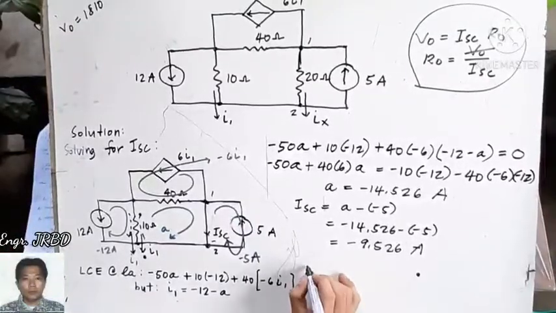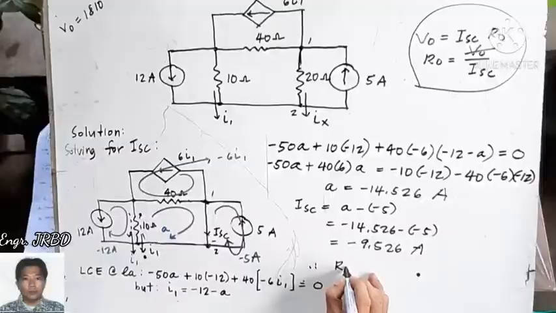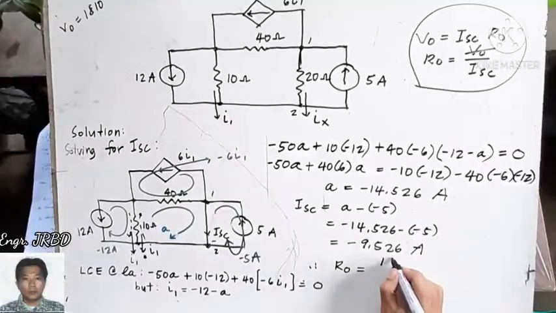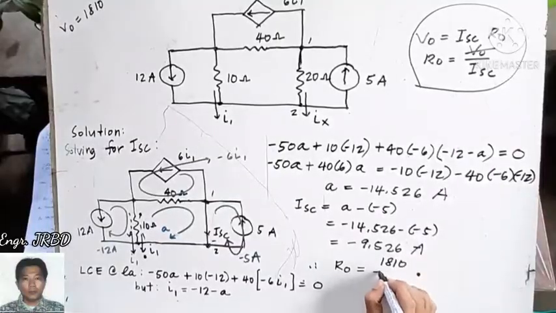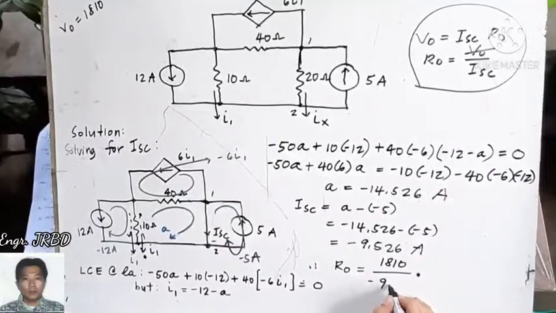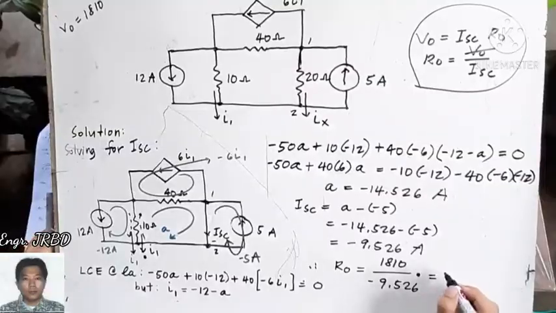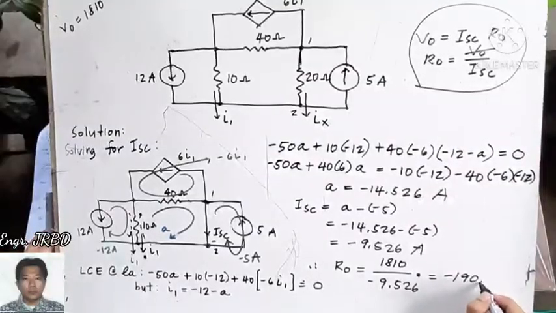Okay? So we can obtain now your looking back resistance. Open circuit voltage is 1810 divided by your short circuit current of negative 9.526. This is negative 190.006 ohms.